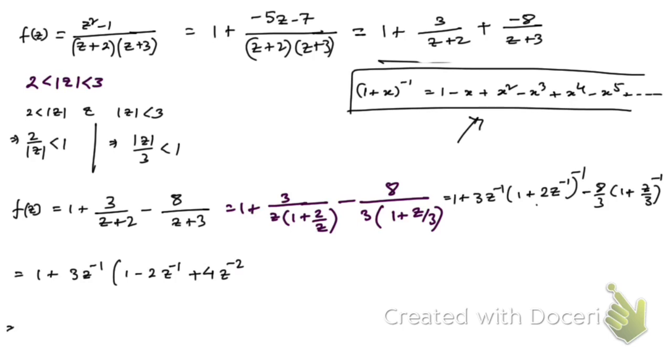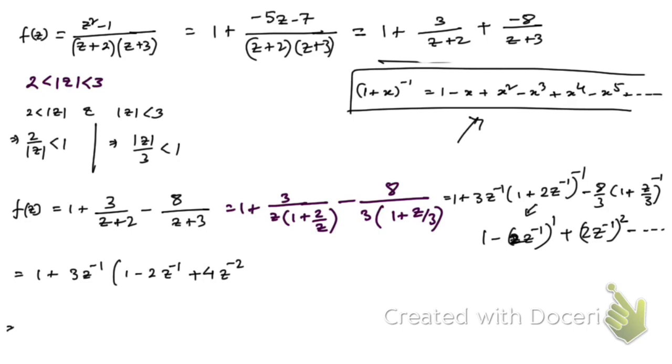If you expand it, 1 plus 2 z to the power minus 1, whole to the power minus 1, that's supposed to be minus, then the next term is 2 z to the power minus 1 whole squared, then minus, and so on, right?